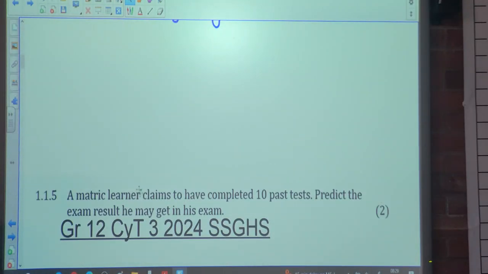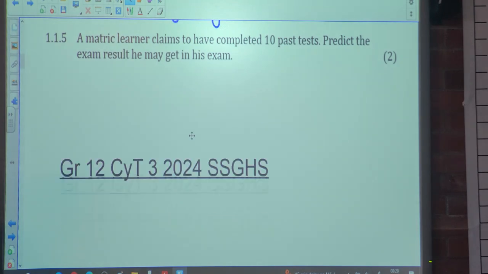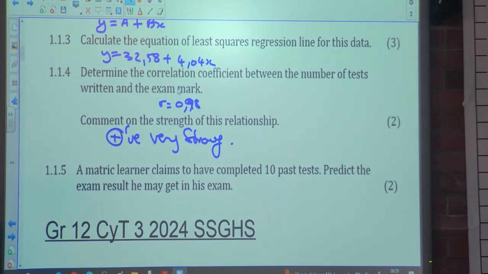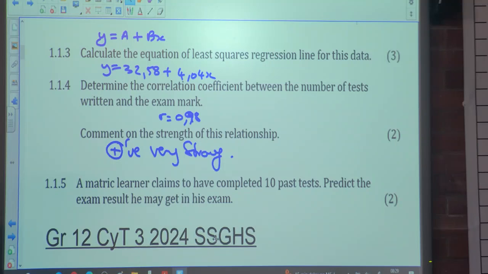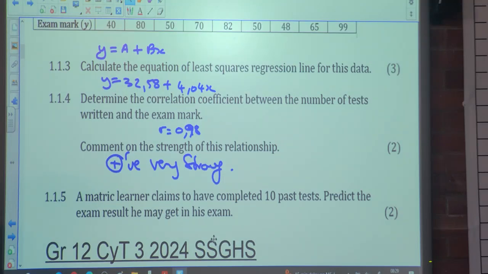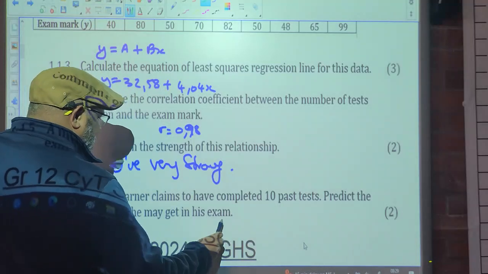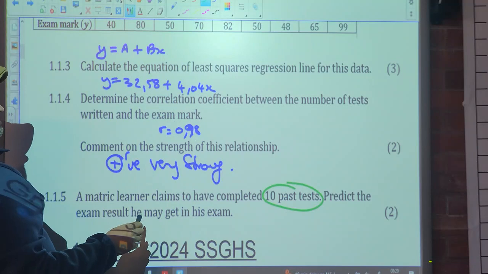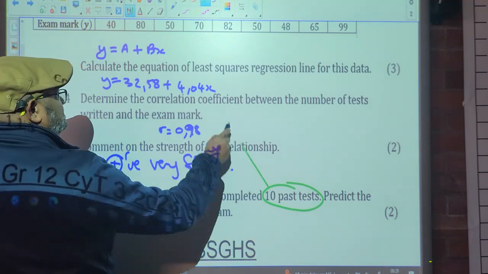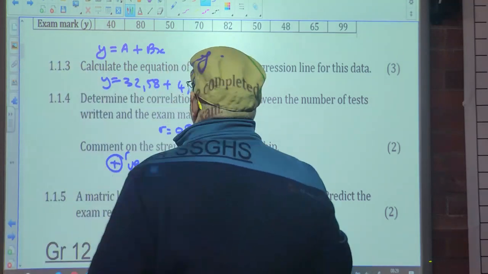And then we are told that a matric learner claims to have completed 10 past tests. Predict the exam result he may get in his exam. So this exam result is actually your y value, and the 10 tests is your x. So what I do is I substitute 10 into where I see x.